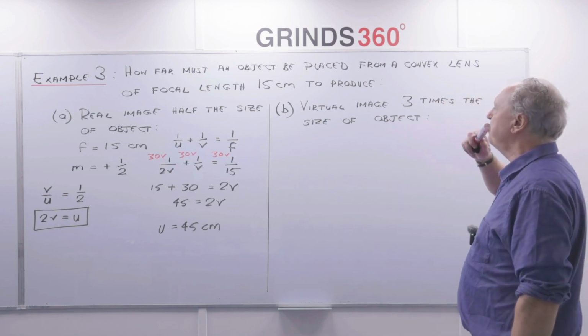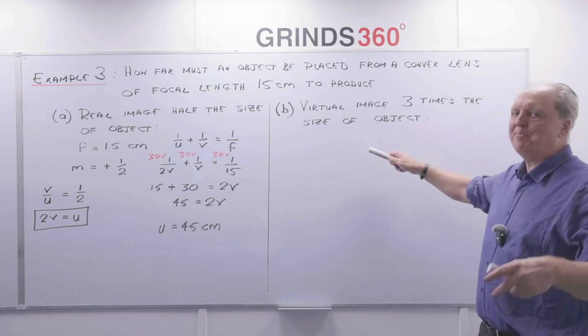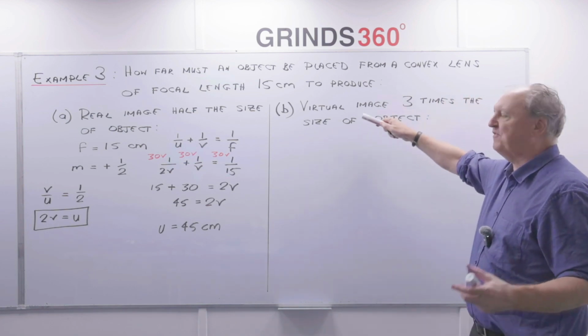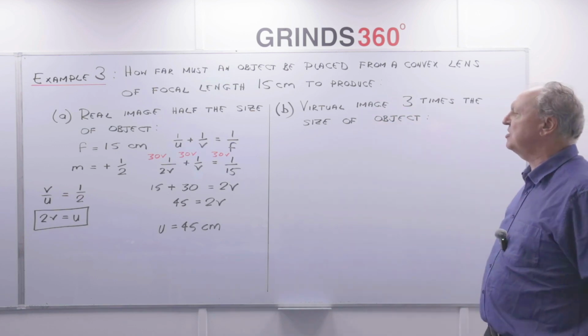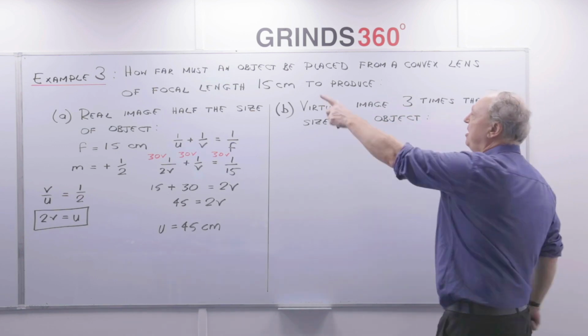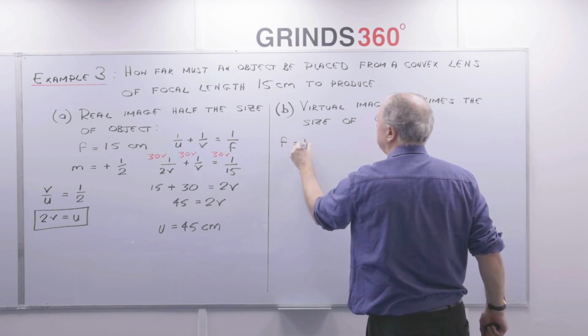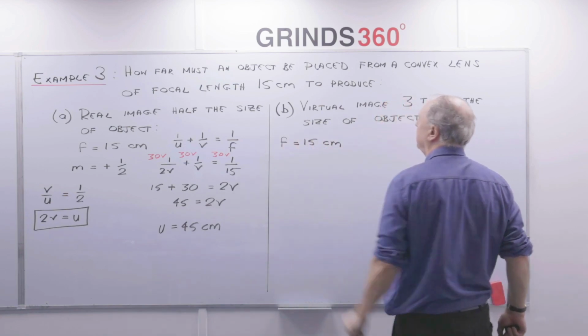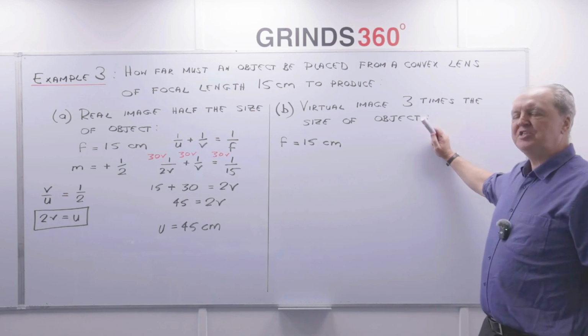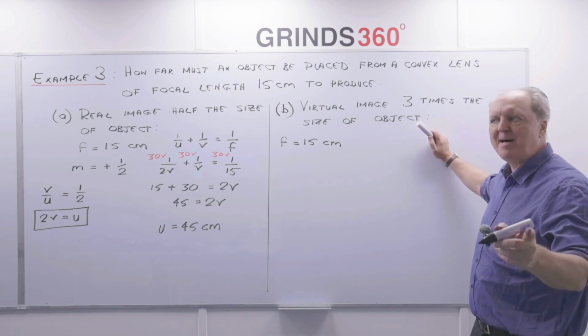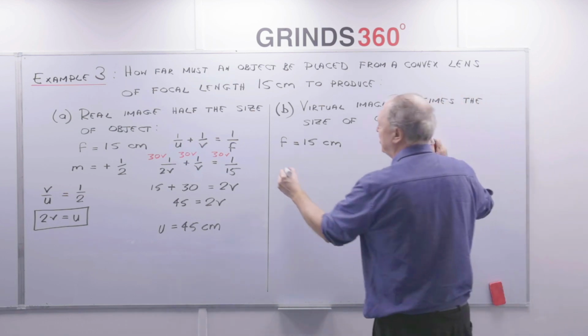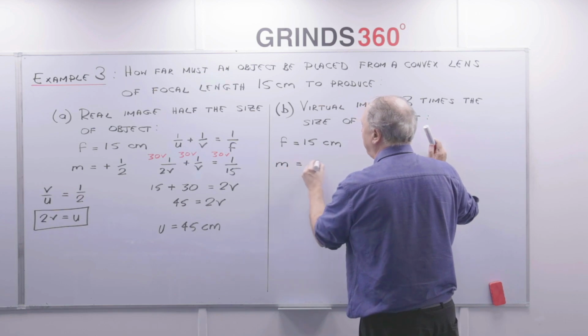Now let's look at the other one. Where must I place the object in order to get a virtual image 3 times the size of the object? Well, we're talking about the same lens, so F is equal to 15 centimeters. The magnification is 3, but I've got to put in the minus because it's virtual. So therefore, M is equal to minus 3.